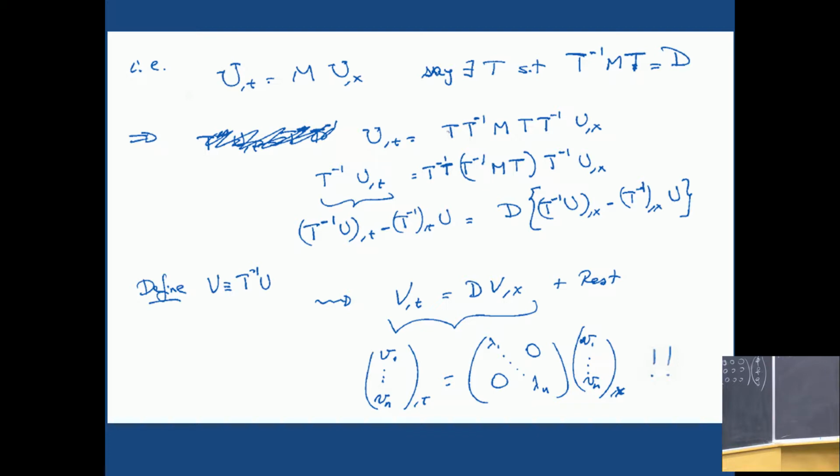And I already said, excuse me, I already said that if this diagonal has all eigenvalues that are real, we really don't need to worry about the rest. So once we see what we have in here, we just have a whole bunch of advection equations. So it's just v1 comma t equals lambda 1 v1 comma x, v2 comma t equals lambda 2 v2 comma x, etc. And this is the reason why we keep going back to that very simple looking equation, because it underpins pretty much everything we say on hyperbolic problems.